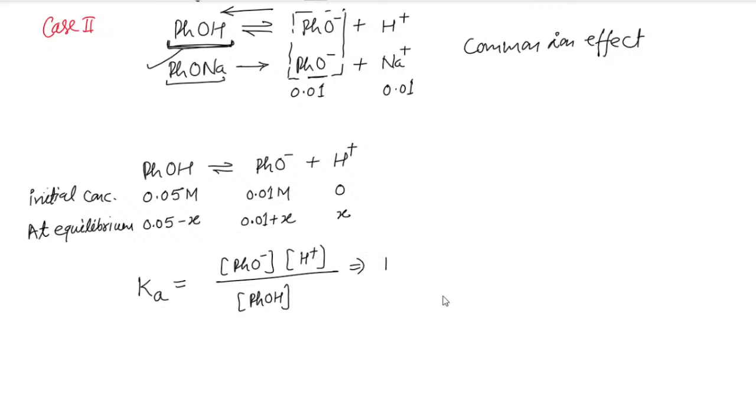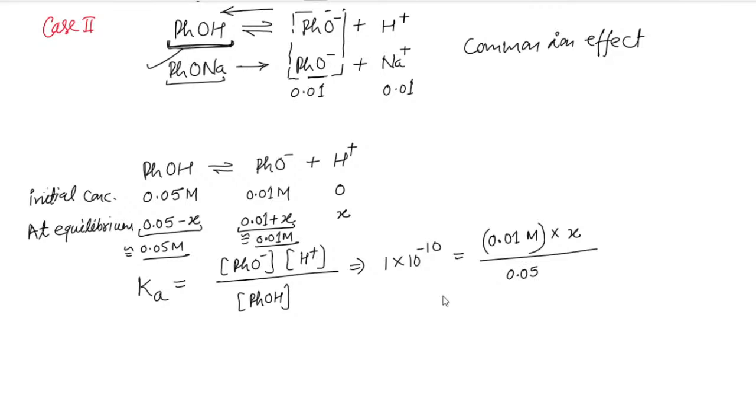That implies 1 into 10 raised to minus 10 is equal to 0.01 molar into X, where 0.01 plus X is almost equal to 0.01 because X is very, very small, and 0.05 minus X is almost equal to 0.05. So 0.01 into X divided by 0.05 molar.